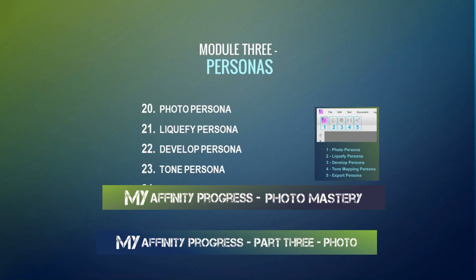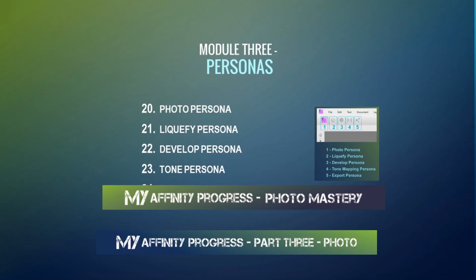In Module 3, we're going to cover which of the personas you use for what effect or for what process. And if you're confused about what personas are, you won't be alone. There are lots of people who don't understand quite what it means, as it's not normally called that. It's usually called modes. If you look up the word persona in the dictionary, it means identity or character, and is probably very appropriate here in that each of these different personas do a different job, take on a different identity.